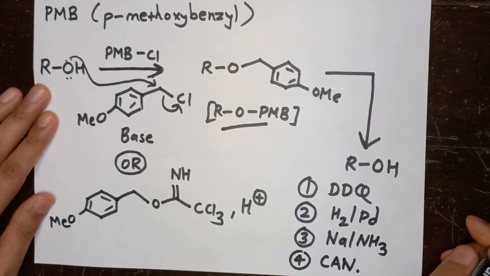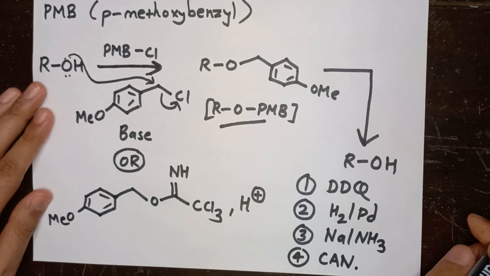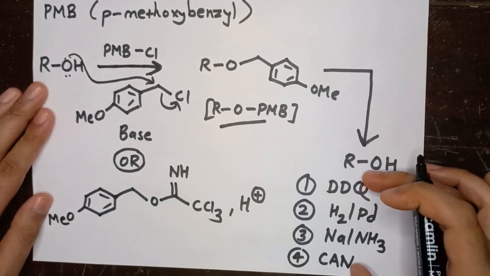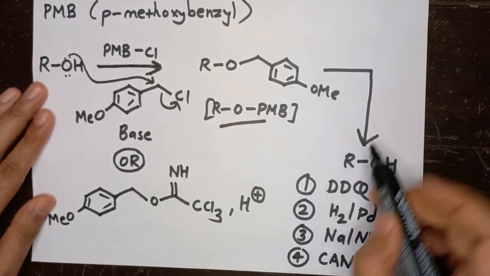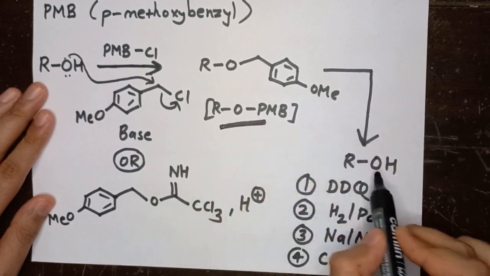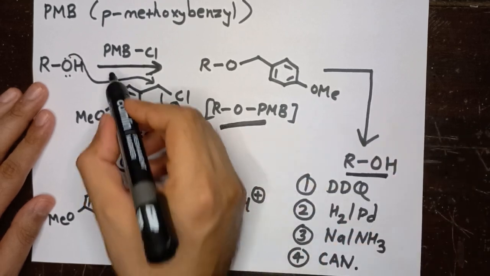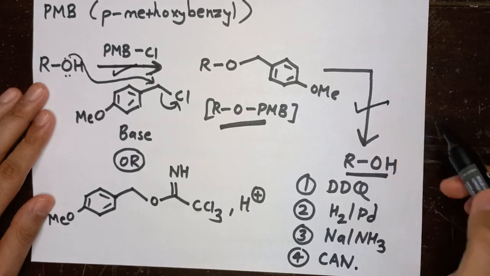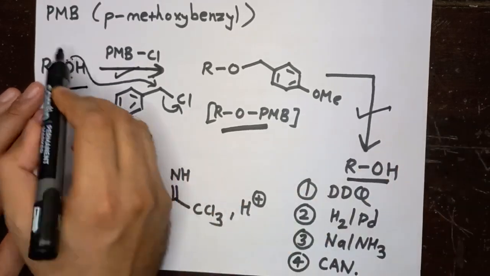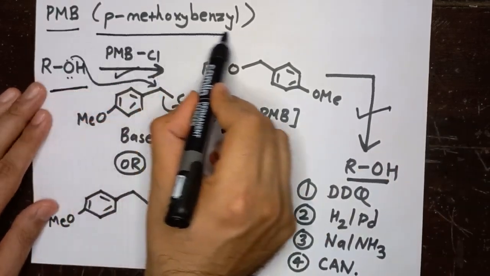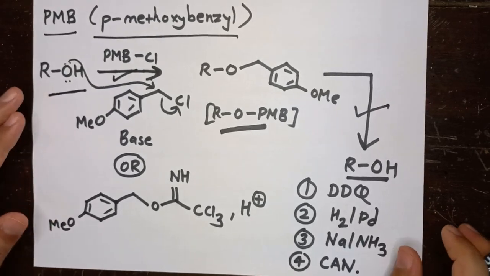What is CAN? CAN is ferric ammonium nitrate. So use any one of these and you will be able to deprotect your ROPMB back into ROH. So this is about protection and deprotection of alcohols using PMB, para-methoxy benzyl strategy.